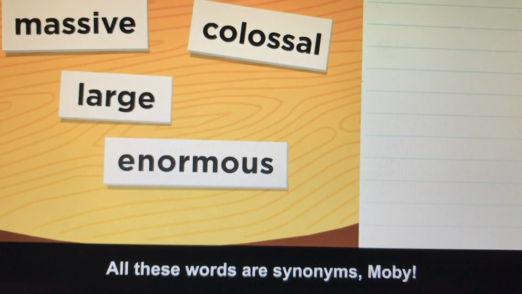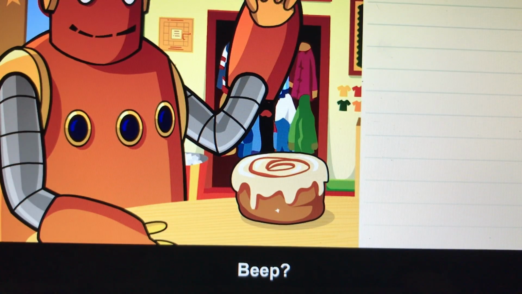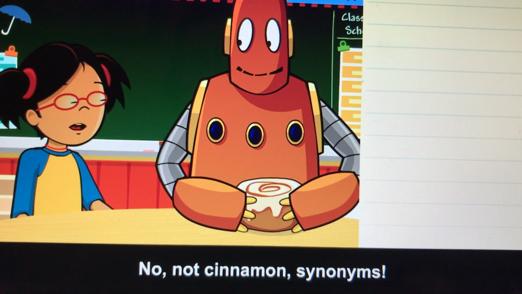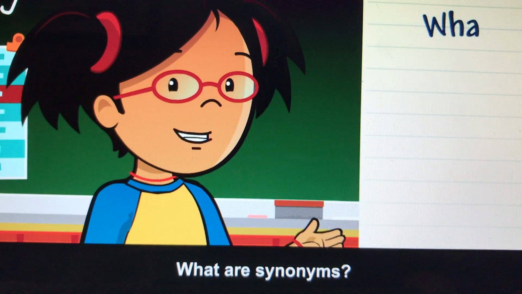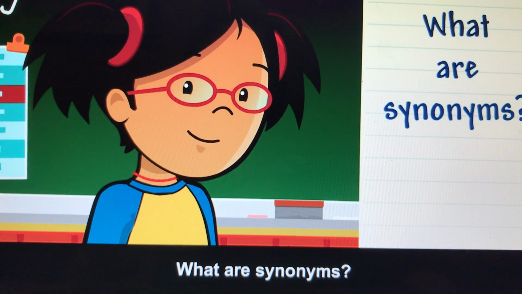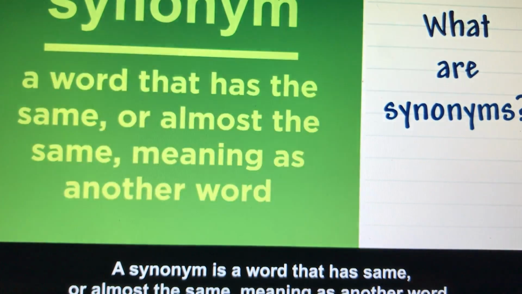All these words are synonyms, Moby. No, not cinnamon. Synonyms. What are synonyms? A synonym is a word that has the same or almost the same meaning as another word.